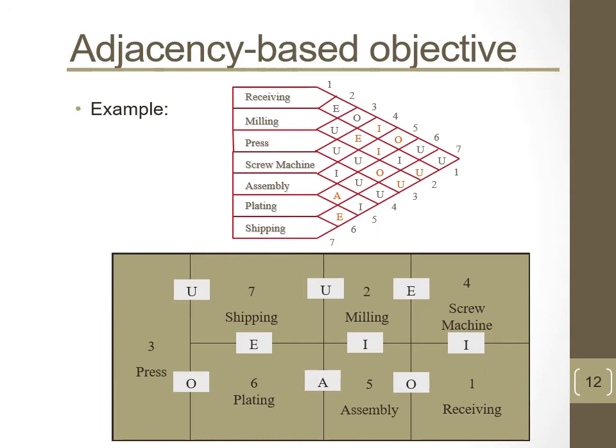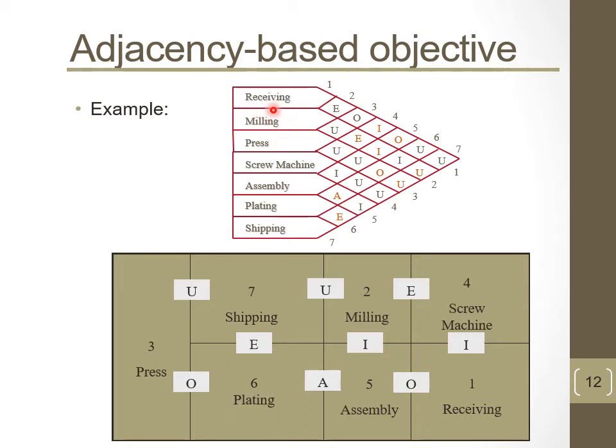Let's make an example to understand how to calculate adjacency-based scoring better. Assume the relationships between 7 departments are given like this. For example, between receiving and milling, so this is department 1 and this is department 2, there's an E relationship.